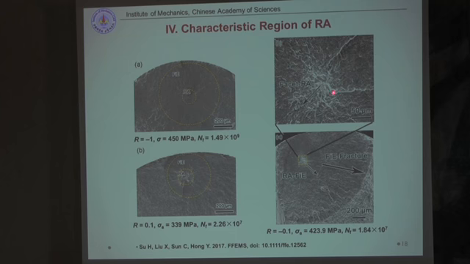And these are the enlargements of the crack initiation spots to show this type of morphology. This is -1 stress ratio, this 0.1 stress ratio, and this -0.1 stress ratio.